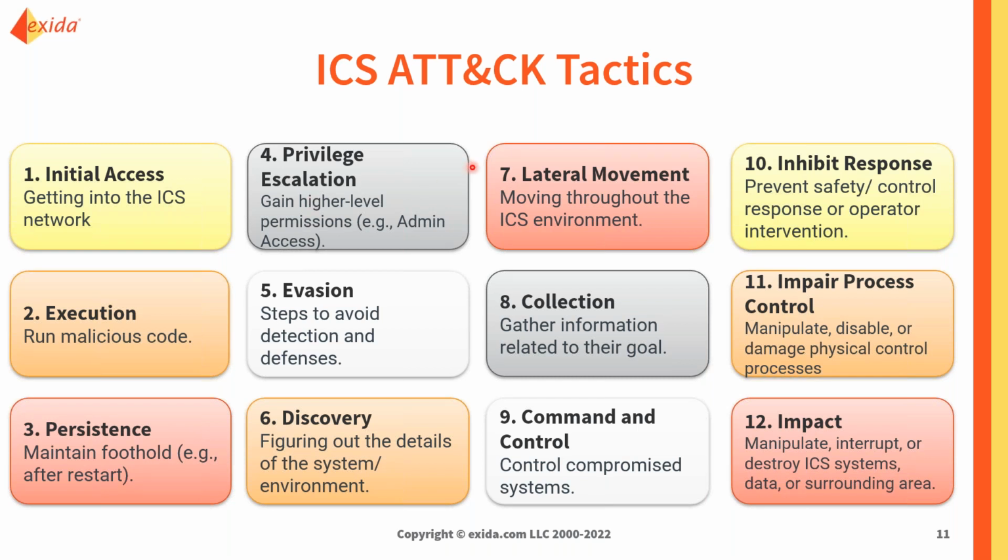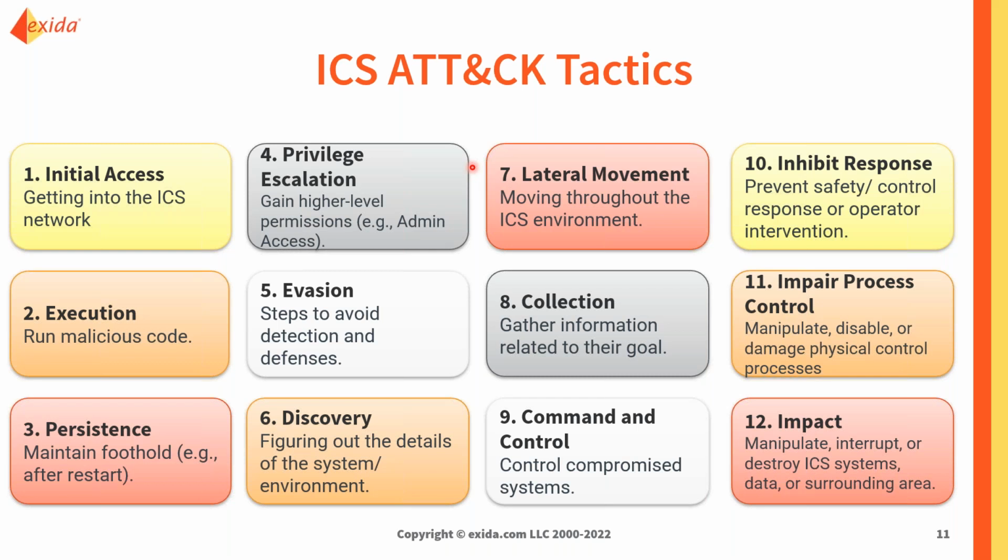The next tactic is privilege escalation. And here, we can think about gaining those higher level permissions, what steps do they need to take to get admin access so they can make their desired changes to the system. And so again, that could either be finding administrator accounts, it could be taking advantage of vulnerabilities to forcibly escalate privileges.